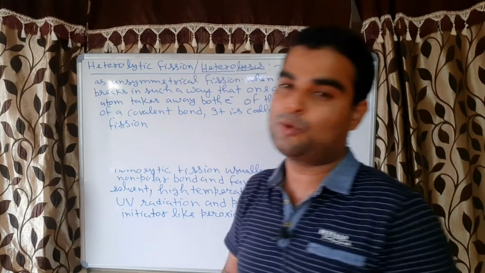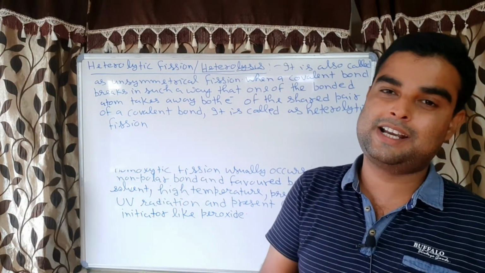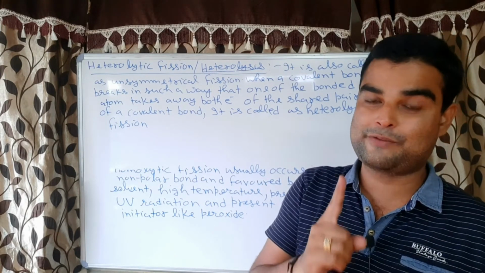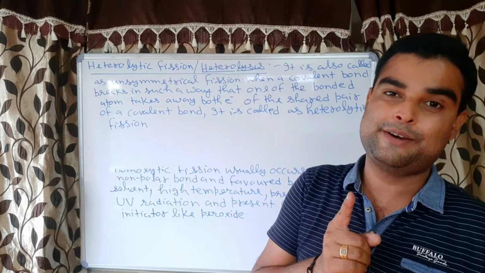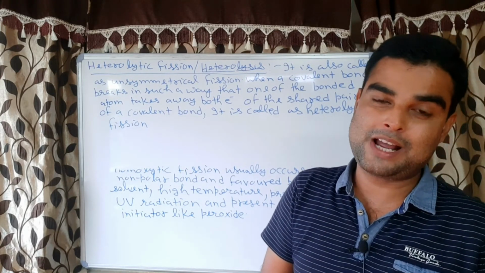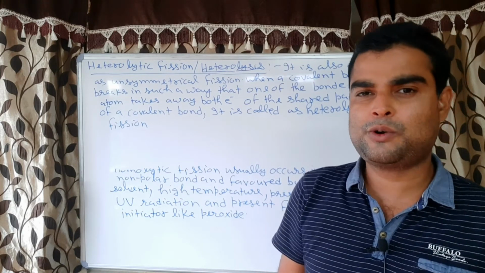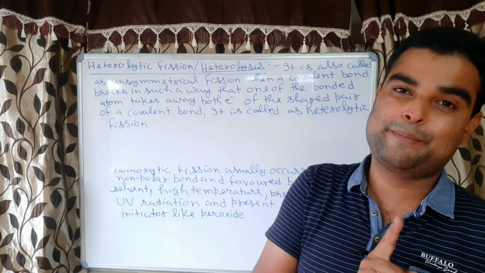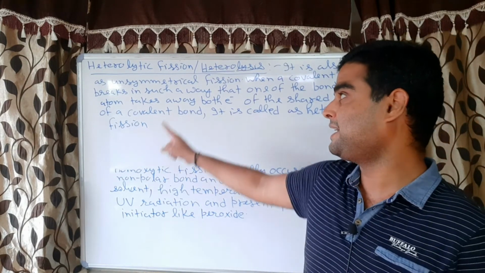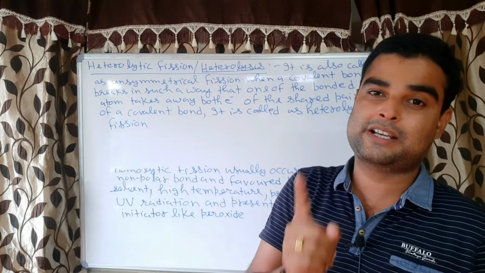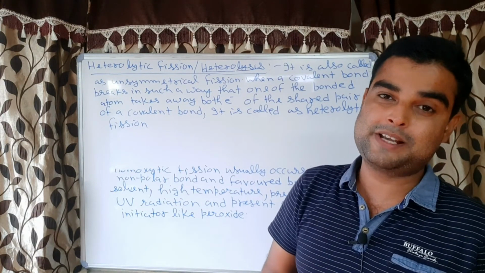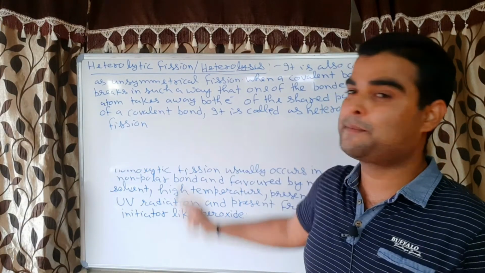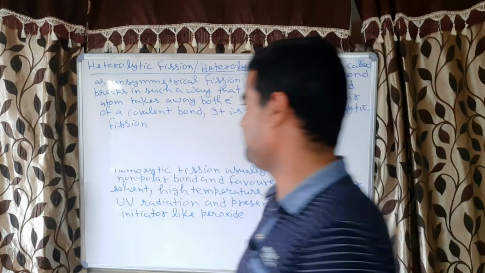Now, as I told you, in homolytic fission each atom takes away one electron. One electron is represented by a fish hook like arrow. Why? Because a fish hook like arrow has only one-sided arrow, and one-sided arrow means one electron transfer. But here one atom is taking both electrons. It means there should be a two-sided arrow, and a two-sided arrow is represented by a curved arrow.